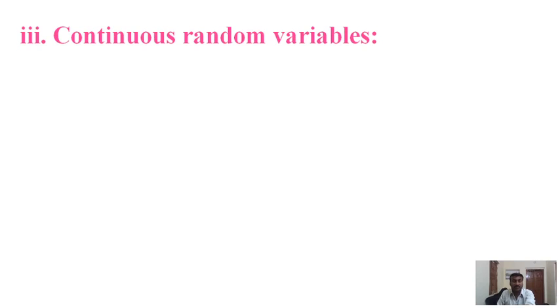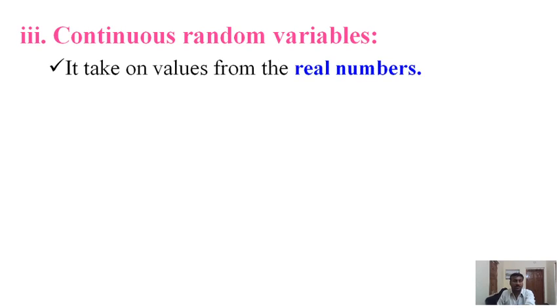Then the third type is continuous random variables. Continuous random variables mean the values are taken in a continuous manner, from real numbers.